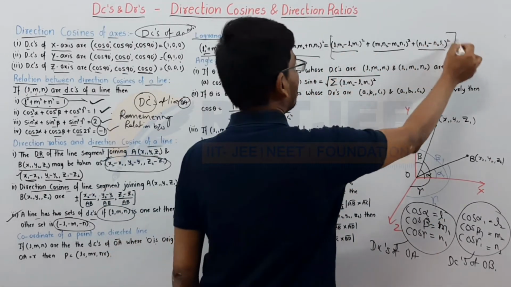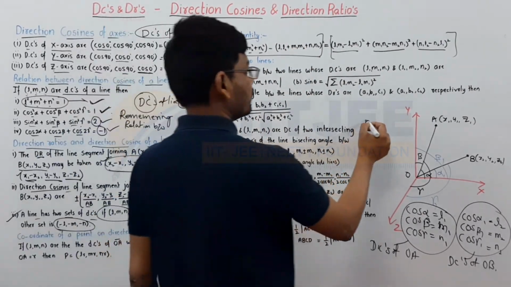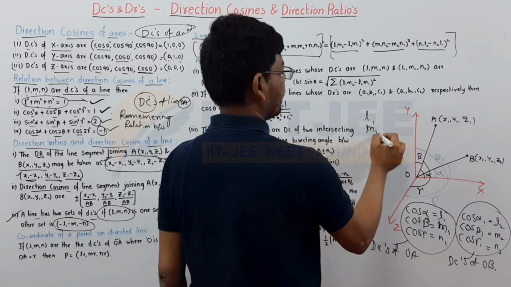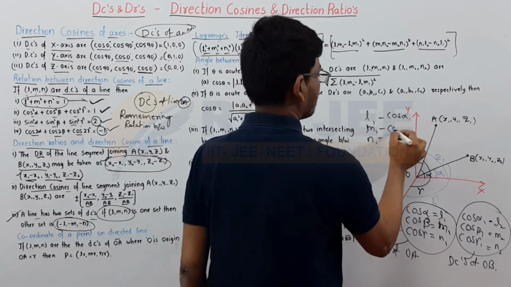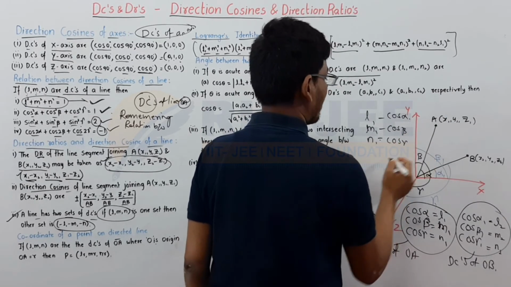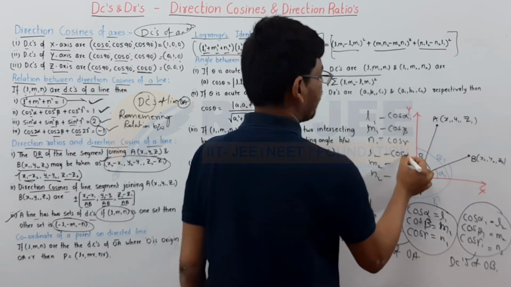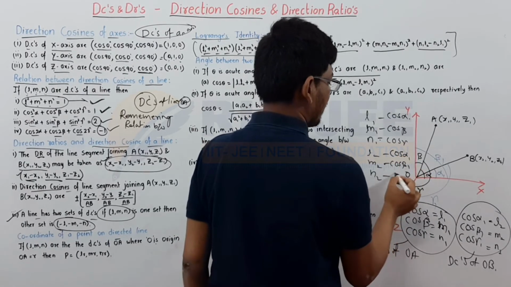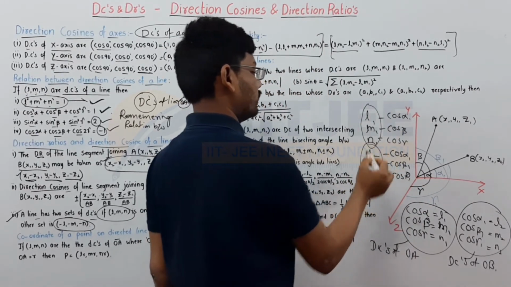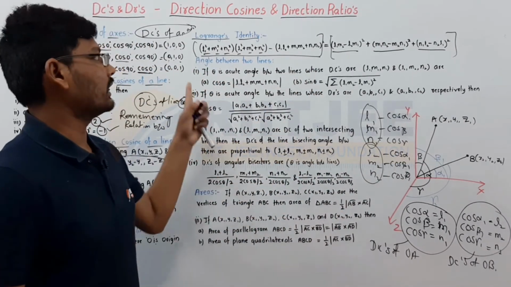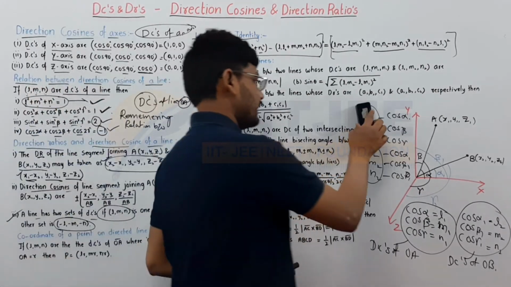This is the condition for Lagrange's identity, where L1, M1, N1 are cos alpha, cos beta, cos gamma, and L2, M2, N2 are cos alpha 1, cos beta 1, cos gamma 1. Here you can substitute L1, M1, N1 and L2, M2, N2 in this expression, and we will get Lagrange's identity. This is all about Lagrange's identity.